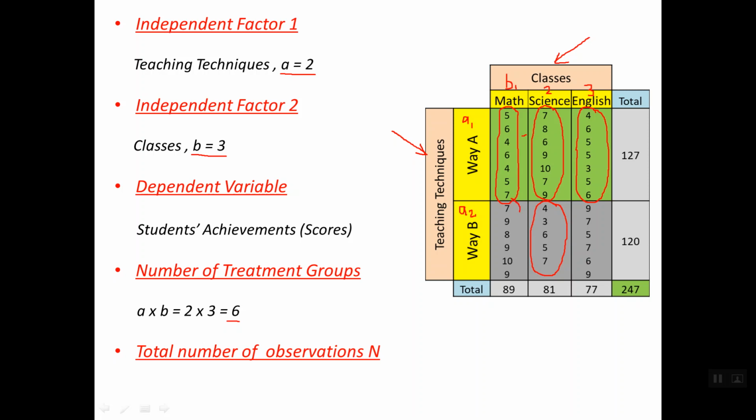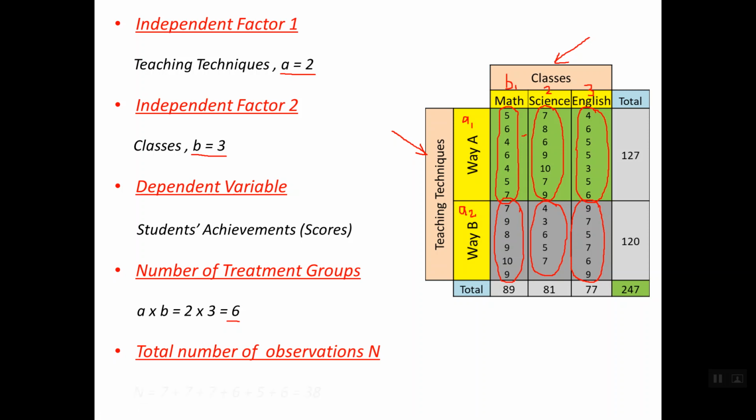While for the math, which has been taught by method or way B, we have 6 observations, and for the science class, which has been taught by way B, we have 5 observations, and finally for the English class, which has been taught using way B, we have 6 observations.